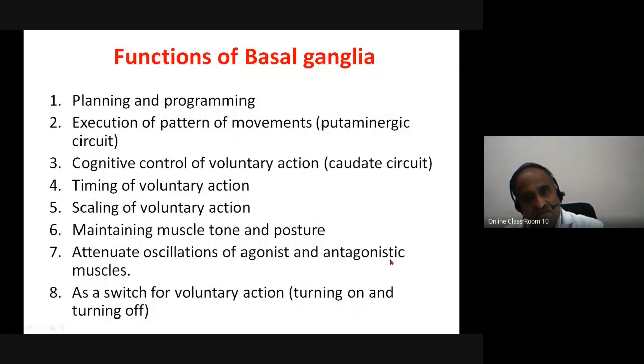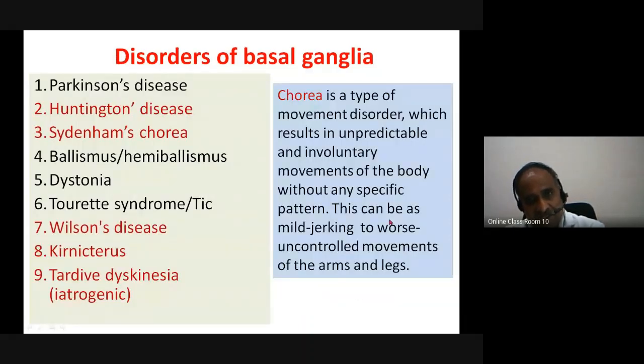With this brief picture of the functions, now let us see what are the disorders of the basal ganglia. Yesterday I mentioned them: Parkinson's disease, Huntington disease, Sydenham's chorea, Ballismus, Hemiballismus, Dystonia, Tourette syndrome or tic, Wilson's disease, that is hepatolenticular degeneration, Kernicterus, that is a hyperbilirubinemic situation, and tardive dyskinesia, that is produced iatrogenically by the doctor.